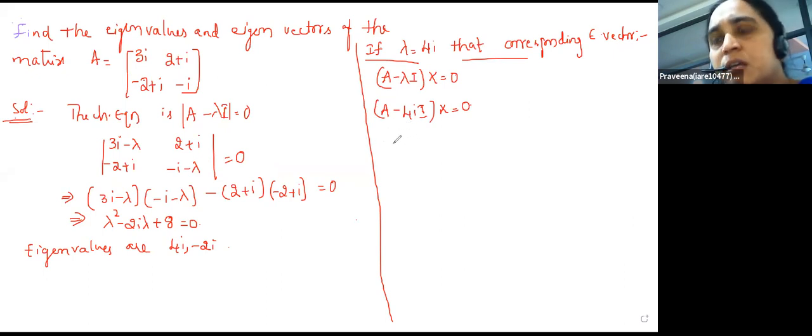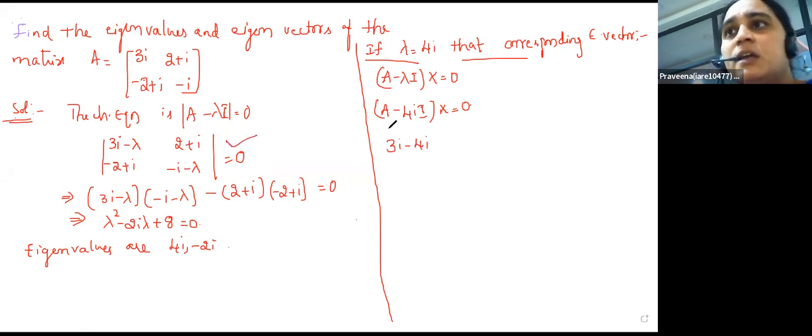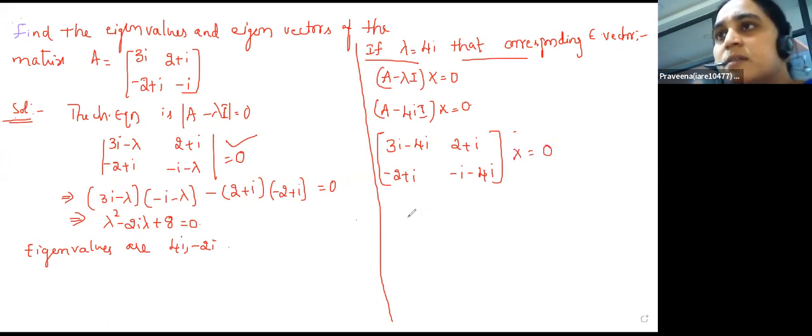Then substitute here, that is 3i minus 4i. Just substitute here: 3i, lambda is 4i, 2 plus i, and minus 2 plus i, and minus i minus 4i, into x. Okay, then 3i minus 4i how much?